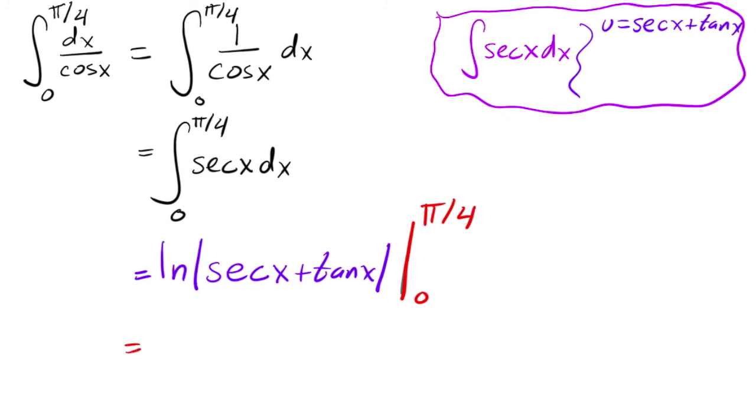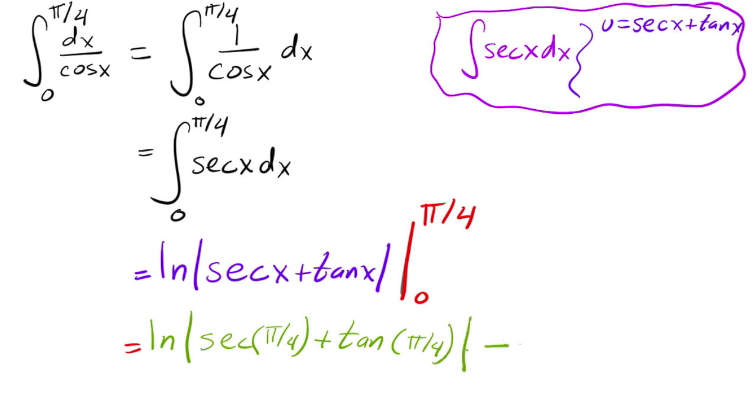Okay, so then what I have is natural log of the absolute value of secant of pi over 4 plus tangent of pi over 4 minus natural log of secant at 0 plus tangent at 0.